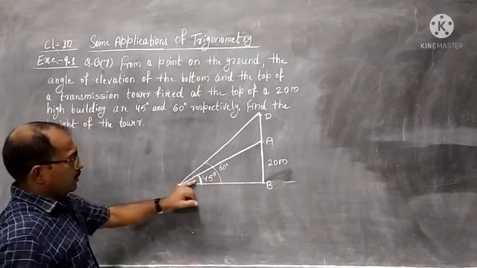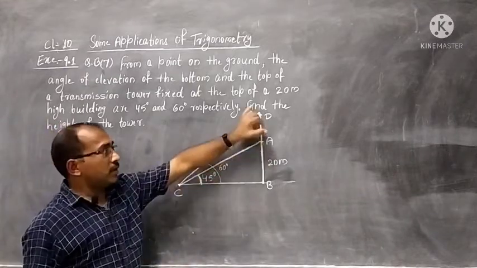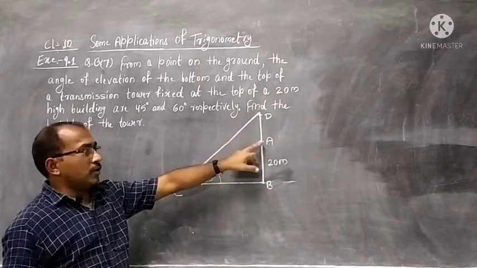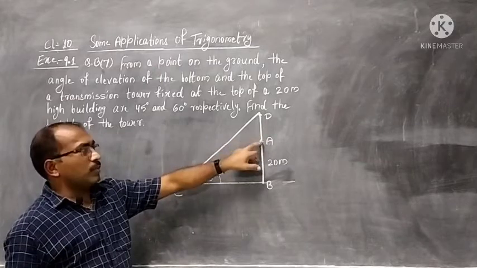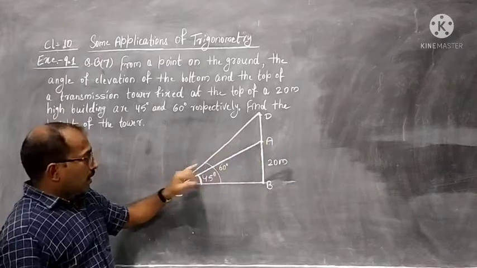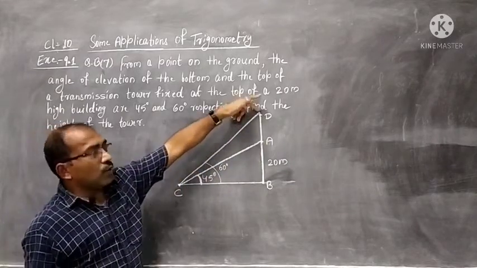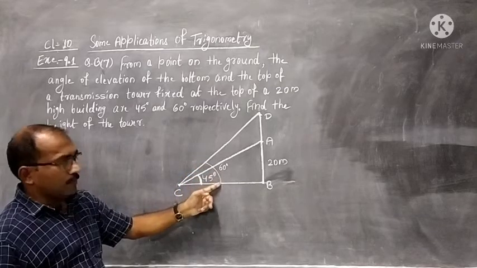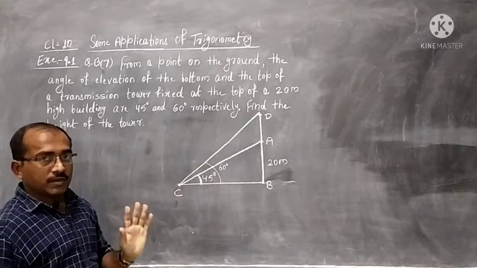This angle is for the bottom of the transmission tower. Tower is on the building, so the top of the building and the bottom of the tower are together at a point. And another one, we are looking at the top of the transmission tower, the angle is 60 degree. It is clear.